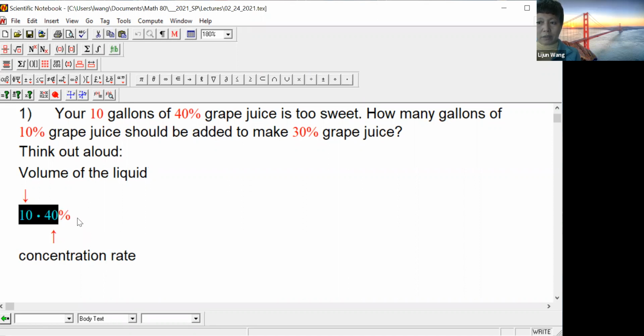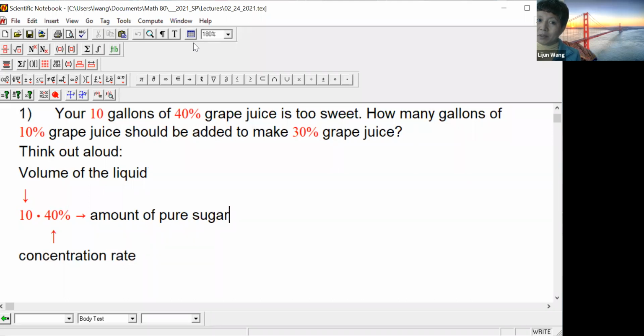When we multiply these two numbers, we get a third quantity. So 10 has a meaning, 40% has a meaning, and when we multiply these two quantities, it acquires a new meaning. What does it mean? Is it going to be the amount of pure sugar? Okay, the amount of pure sugar.